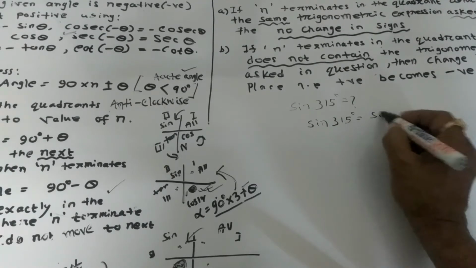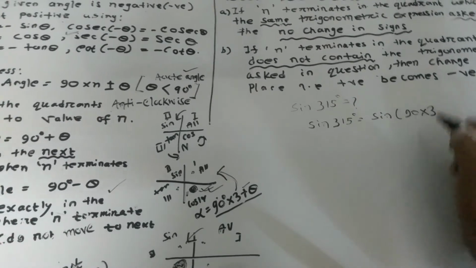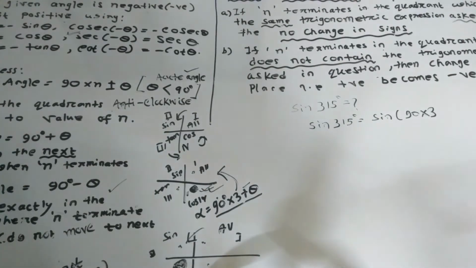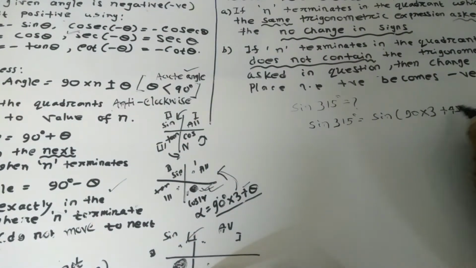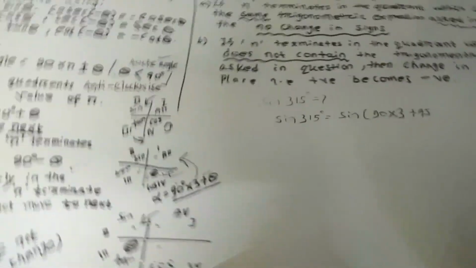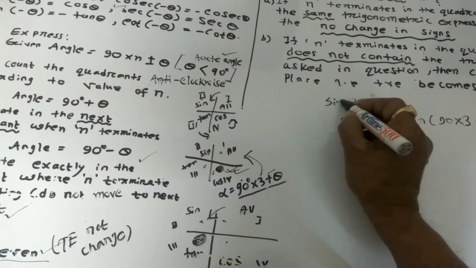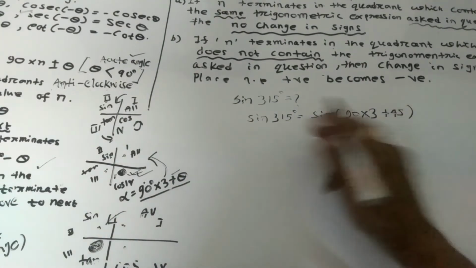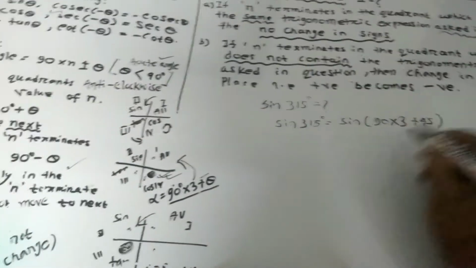So it is sine of 90 into 3, then what angle should we add? 45 degrees to get 315. So sin 315 degrees is written as 90 into 3 plus 45 degrees.